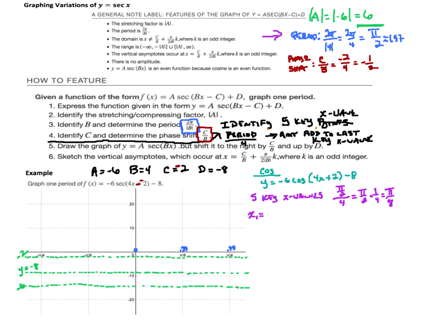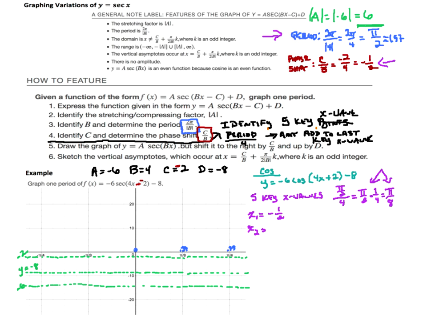Okay, so my first key x value, x sub 1. Notice I shifted everything. The cosine function starts at 0, 1, but I'm shifting everything left 1/2. So my first key x value is negative 1/2. And now this information, the pi over 8, tells me I'm going to get a key vertical boundary line every pi over 8 after negative 1/2.